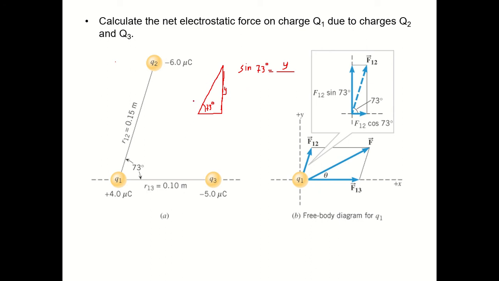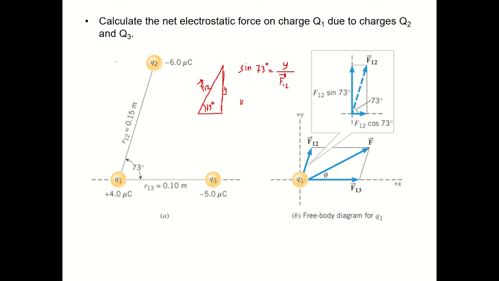So what is our hypotenuse? That is our force, from 1 to 2. Okay, so this is a vectorial force. So therefore, this is divided by F12. Okay, so you can solve for y.